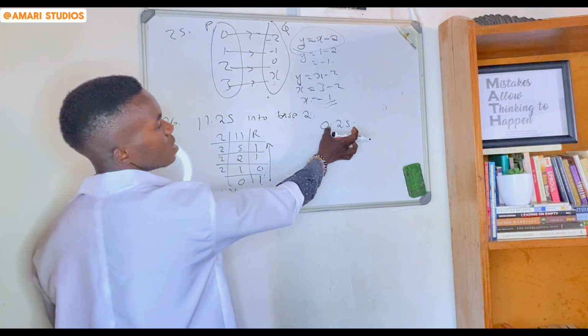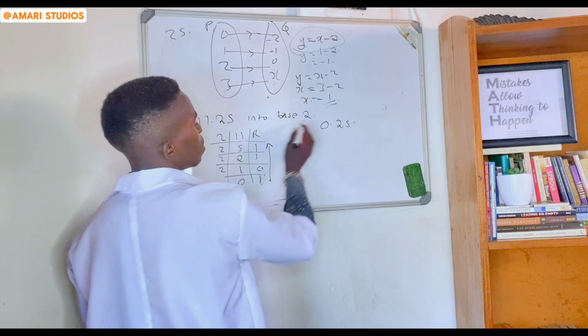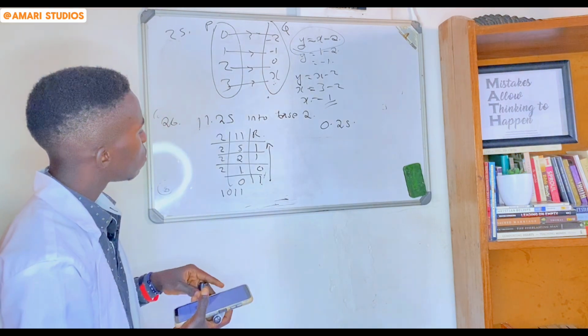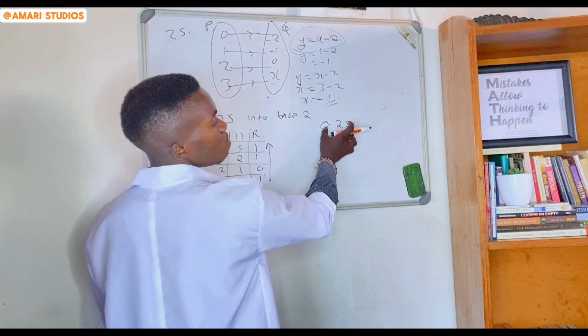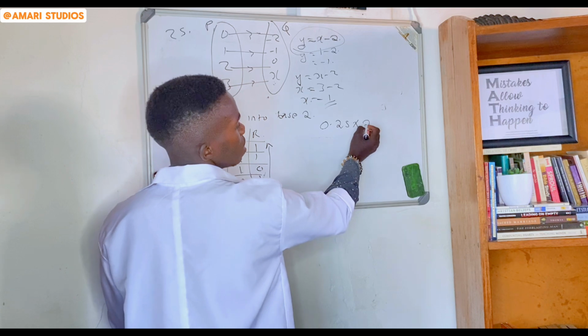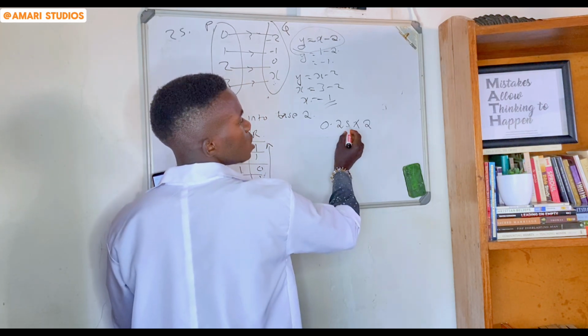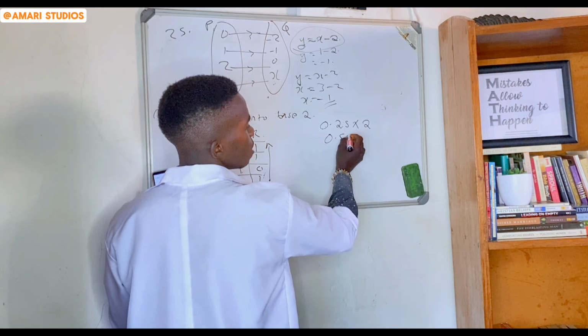Don't forget that there is a 0.25 which we separated from 11.25. Because we are converting this number into base 2, whereas before we were dividing, now we are going to be multiplying by 2. So 0.25 multiplied by 2 will give us 0.50.